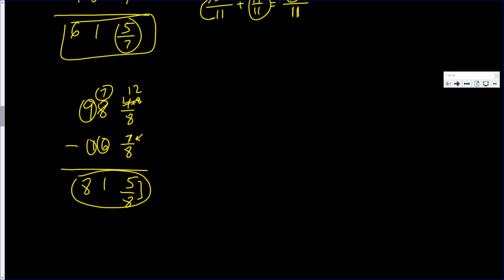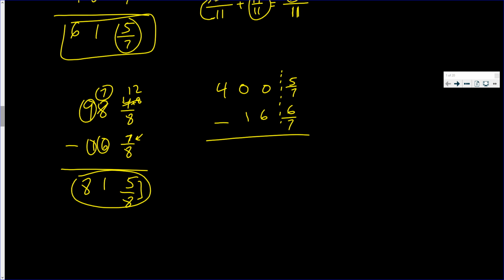How about you have this one? What if you have 405/7 and you want to take away 16 and 6/7? So you want to borrow 1 for the fraction, because you can't take away 6/7 from 5/7.